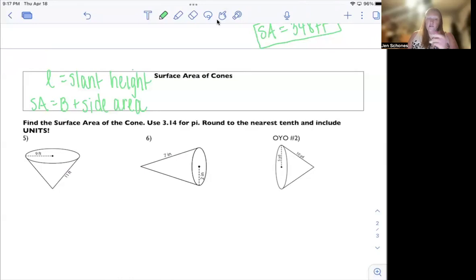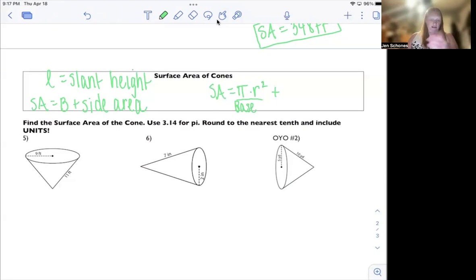Okay. So the formula for surface area: surface area is the area of the base. The base is a circle, so it's pi times radius squared. So that's part of it. Now for that side area, the formula is a little bit different. So we're going to add the side area. Oh, oops, I forgot to put this. I wanted to say that this is the base. Oh, I meant to put a capital B. So that's the base.